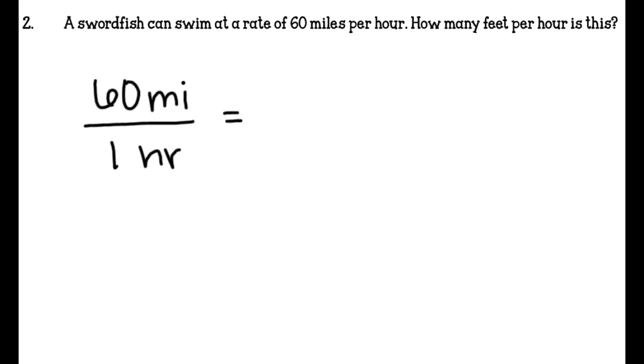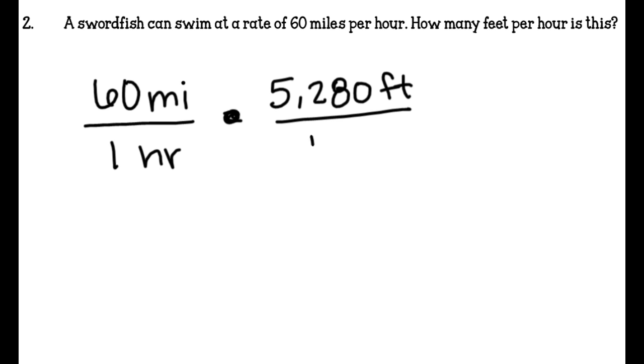So I'm going to multiply by 5,280 feet per 1 mile. Just like our conversions from earlier this year, we wanted to cancel out, so we put them opposite. We cancel out miles, and then we multiply straight across.